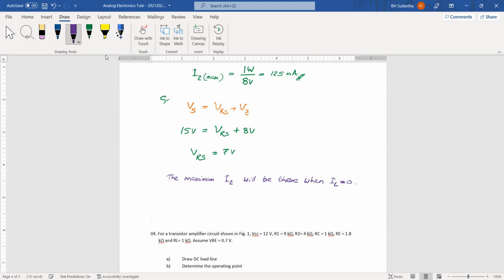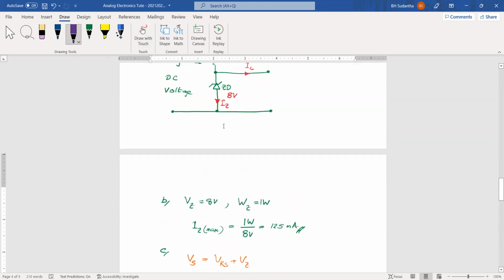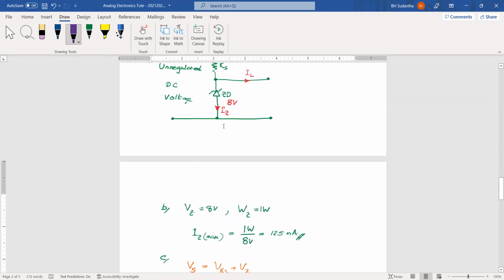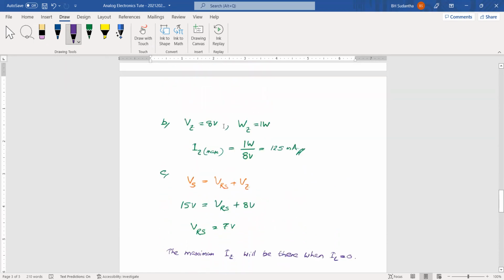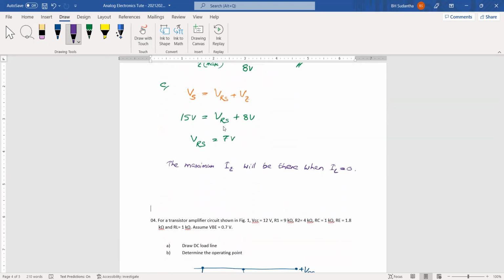When the load current is 0, the current should be borne by this Zener diode. That is the one. And here we have this relationship: IS equals IZ plus IL. During this time, IL is 0.